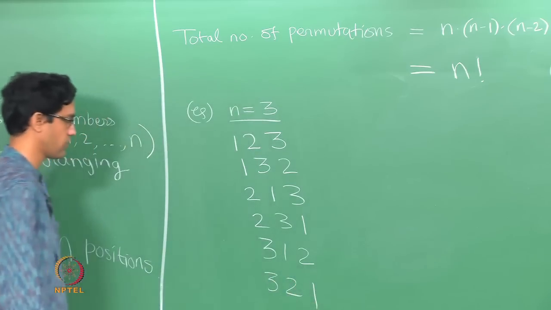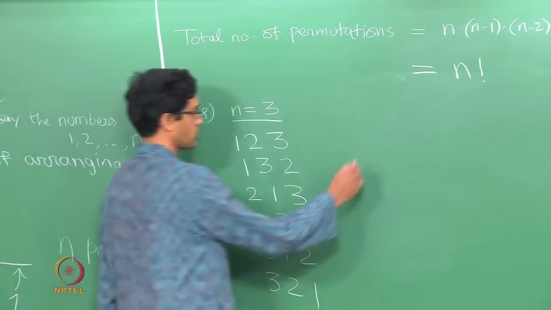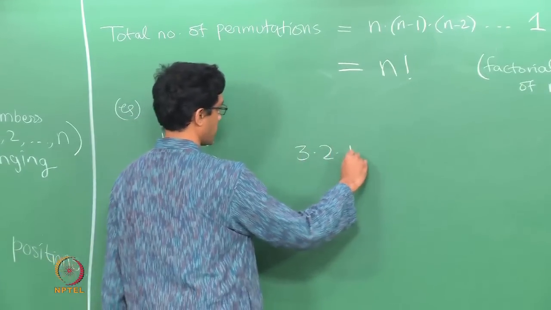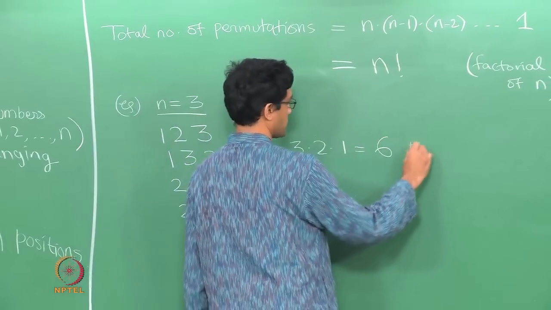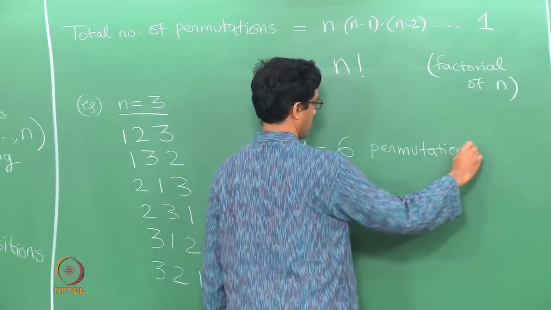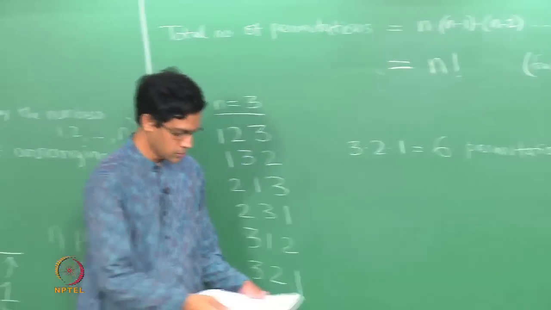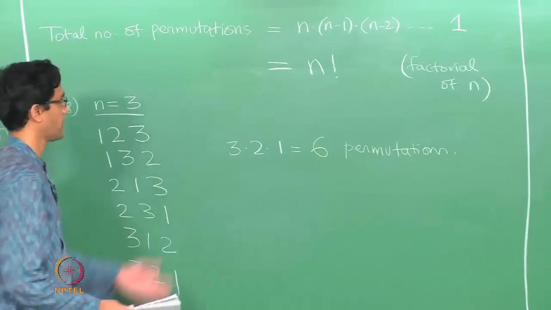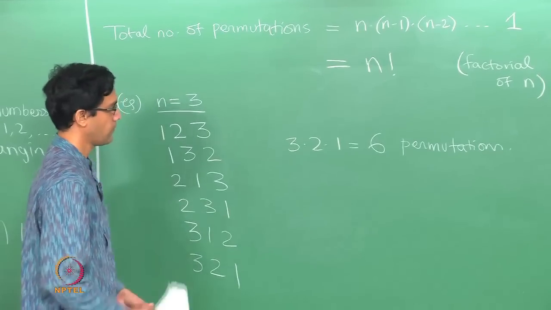And that's the full list. There are 6 possibilities. So that's 3 into 2 into 1, that is 6 choices, 6 permutations. Okay. So of course that's the usual well known answer, n factorial.